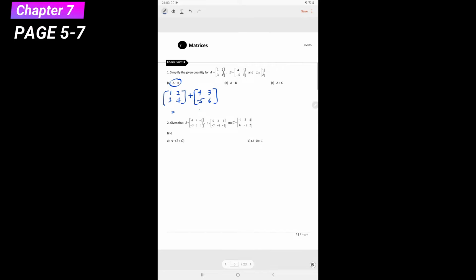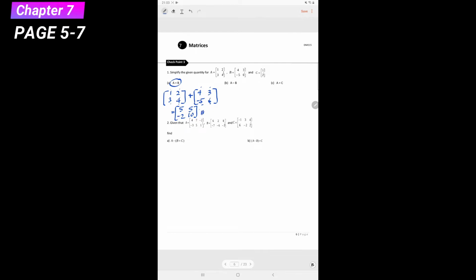Jadi kita akan tengok entry yang pertama tambah dengan entry yang pertama. So kita akan dapat 5. Second entry with second entry, so we have 5. Add up the third entry with the third entry juga kat sini. So kita akan dapat negative 2. 4 plus 6, kita akan dapat 10. Okay, so this is the answer.